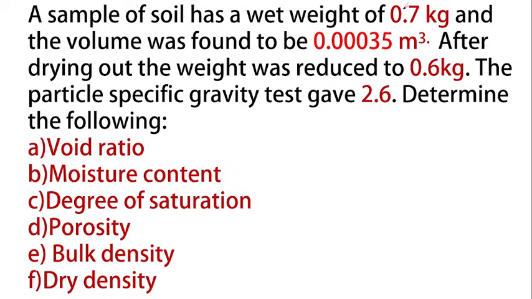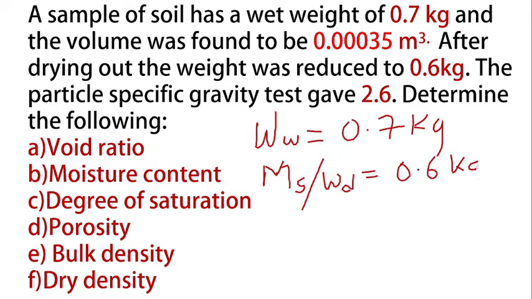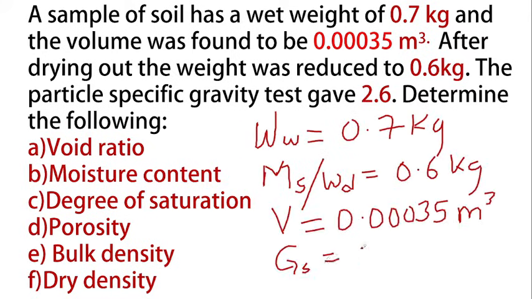From the equation, we have the following values given to us. W subscript w stands for the weight of the wet soil. W subscript d stands for the weight of the dry soil. It is also denoted by ms, which is the mass of the dry sample.